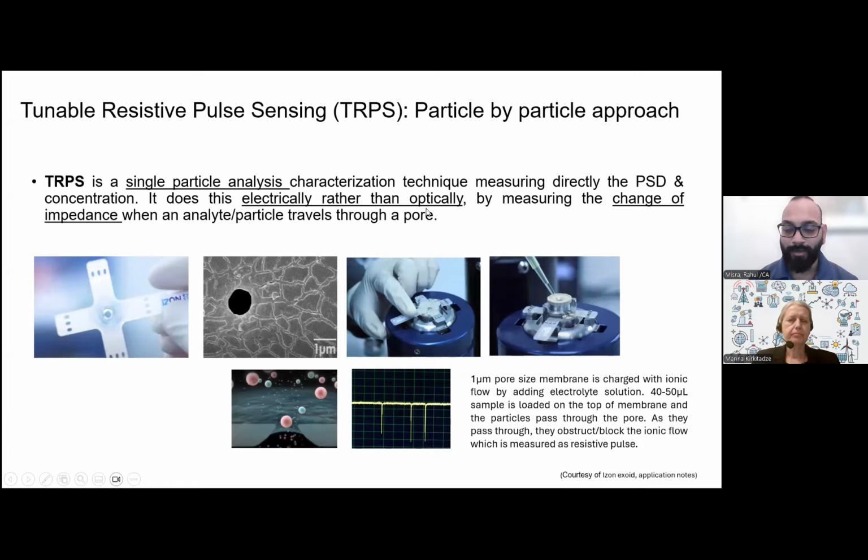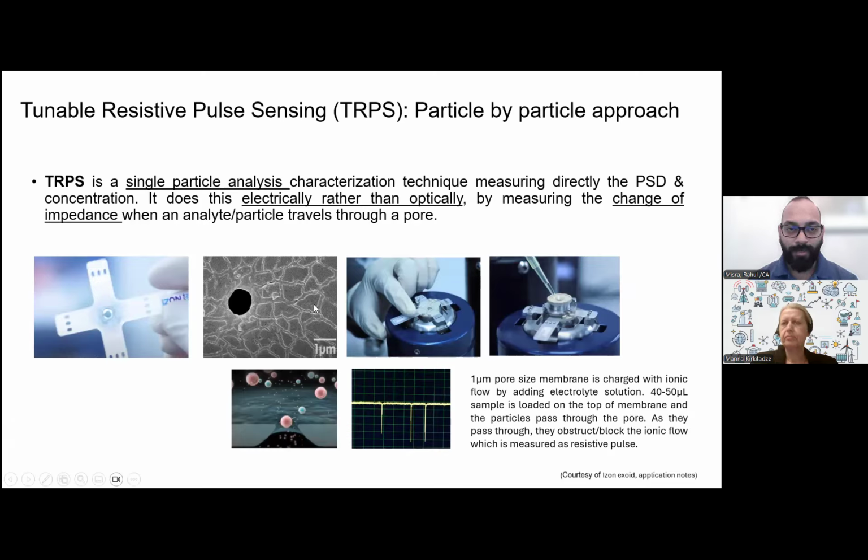This is another new technology in the field of particle sizing, and it's used not only in pharmaceuticals, but also in other areas where people are dealing with particles. It can resolve particles all the way from 40 nanometers to 20 microns, so you have a pretty broad range to work with.